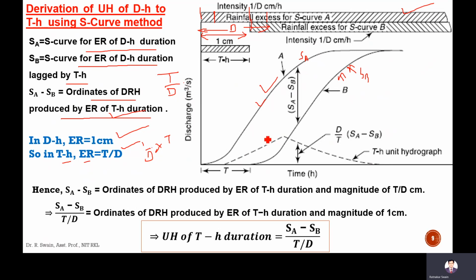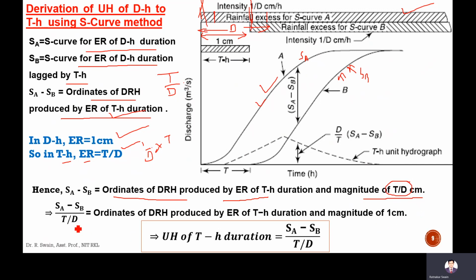Hence SA minus SB is nothing but the ordinates of the DRH produced by excess rainfall of t hour duration and magnitude of t by d centimeter. So from here to here, the magnitude of rainfall is t by d, and it is occurring for t hour duration.